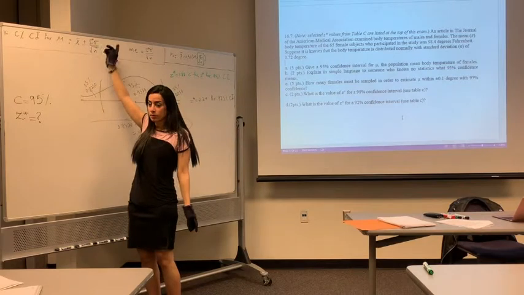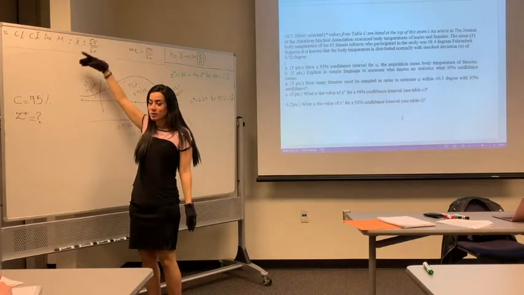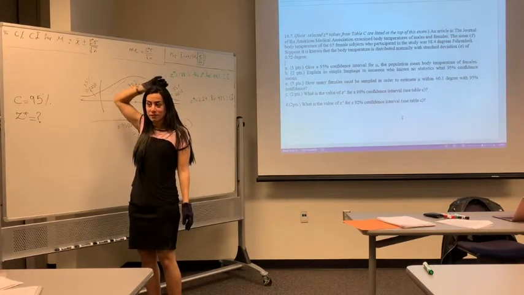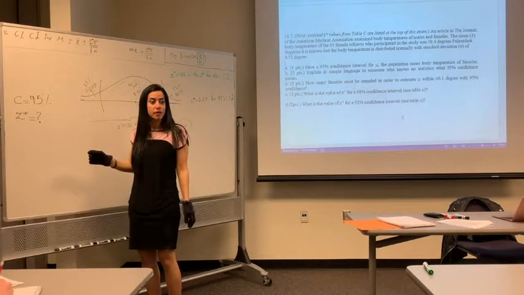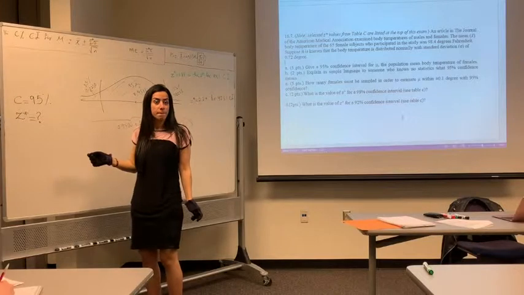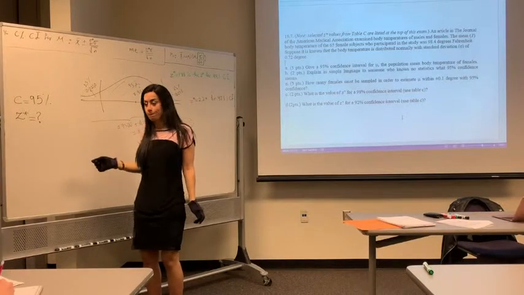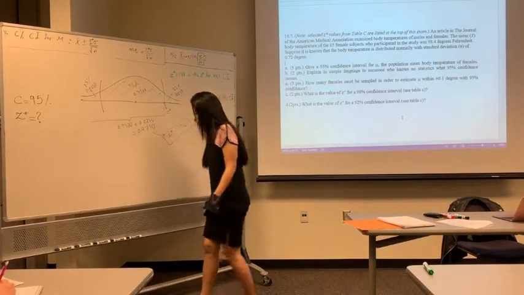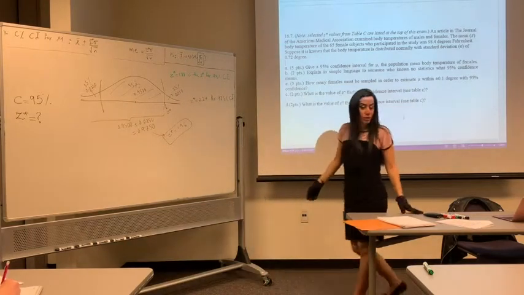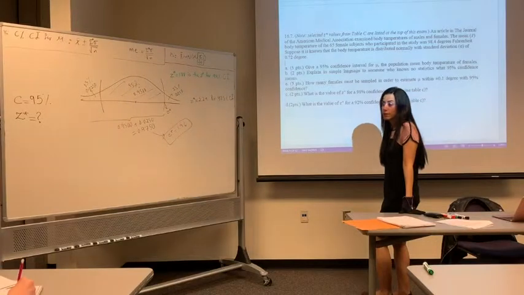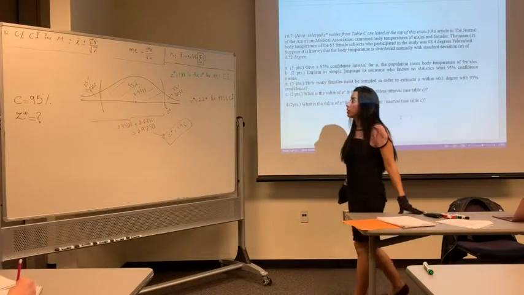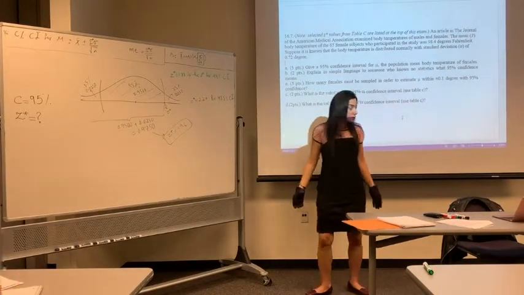Plus means upper bound, minus means lower bound, right? It's a boundary. The lower boundary is x bar minus c star sigma over square root of n. The upper boundary is x bar plus c star sigma over square root of n.